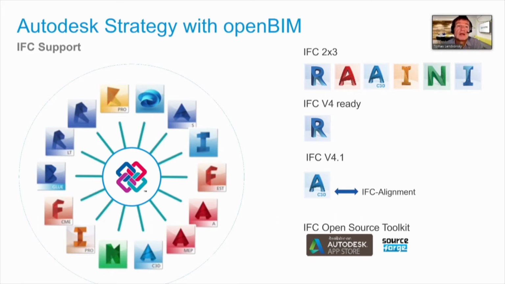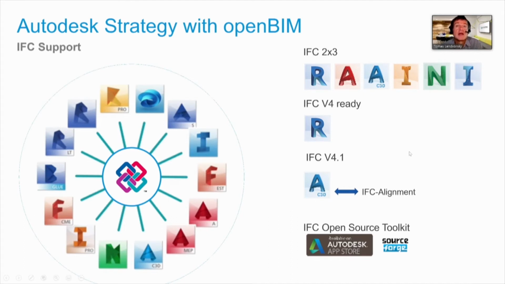Our authoring tools, which are mentioned here, like Civil 3D, Revit, and so on, are certified for different available versions of IFC. For example, here with Civil 3D, we are certified for version 4.1, which is the latest, the ratified one. And the part of infrastructure which is related to this is, of course, alignment.